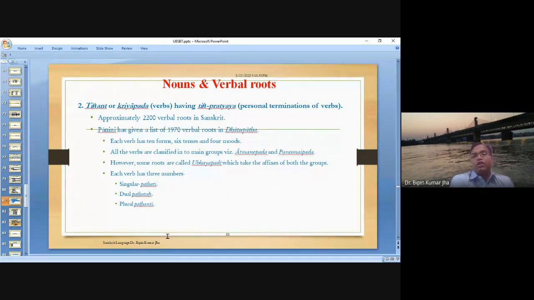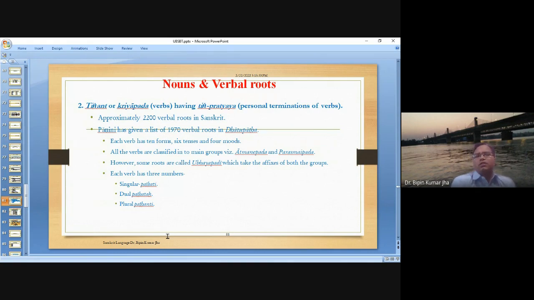Now we are talking about akhyat. Akhyat means verbal roots or kriyapad, which is normally called tingant in Sanskrit. Approximately 2000 to 2200 verbal roots you will find in Sanskrit.